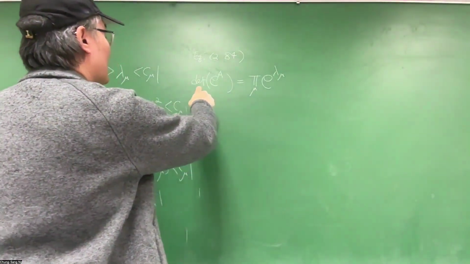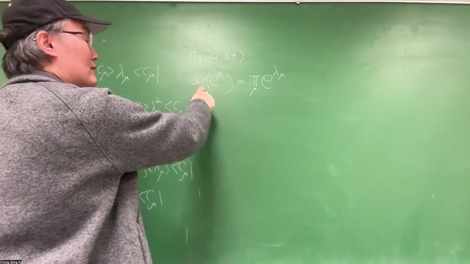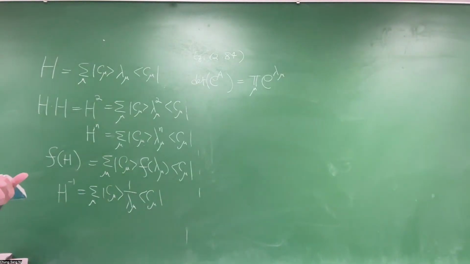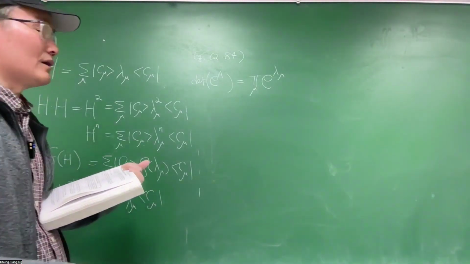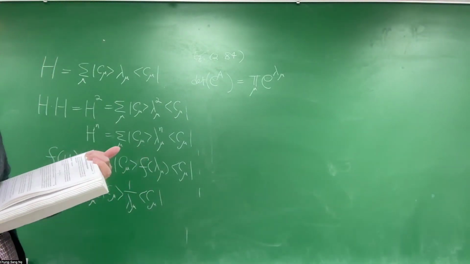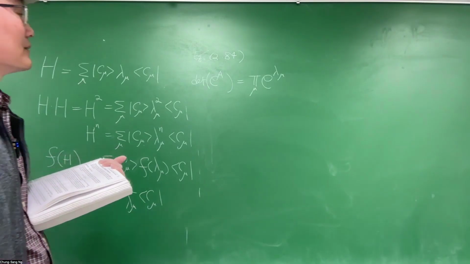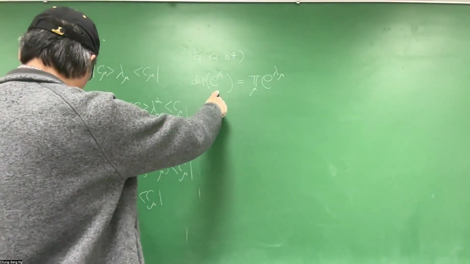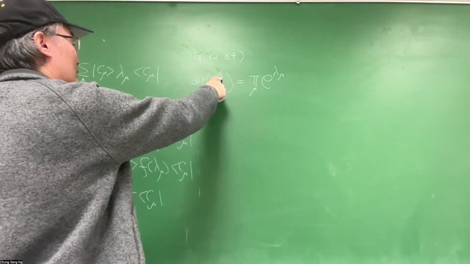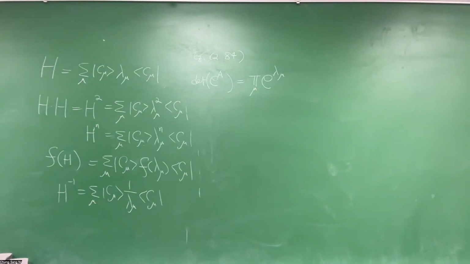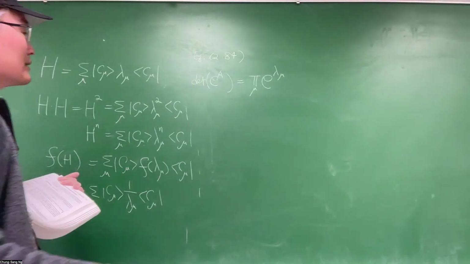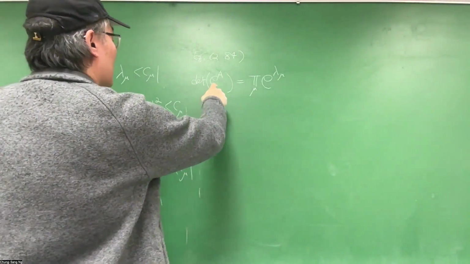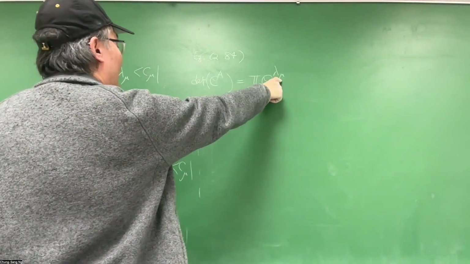So for a Hermitian matrix, the determinant is invariant, right? We already talked about it being invariant to unitary basis transformation. So you can always diagonalize your A matrix, and this A has the eigenvalue lambda.